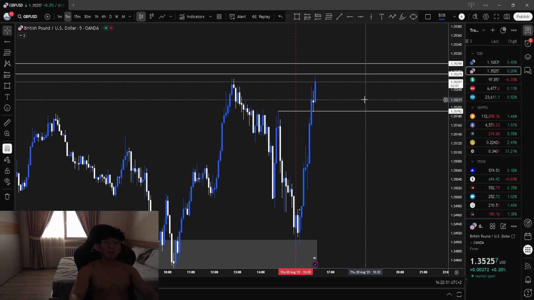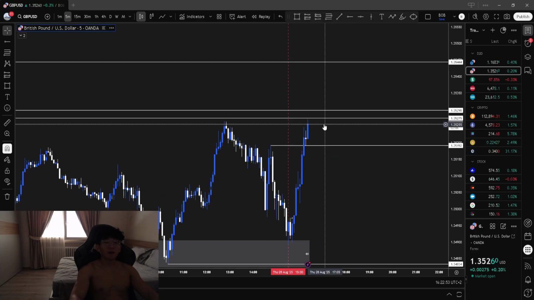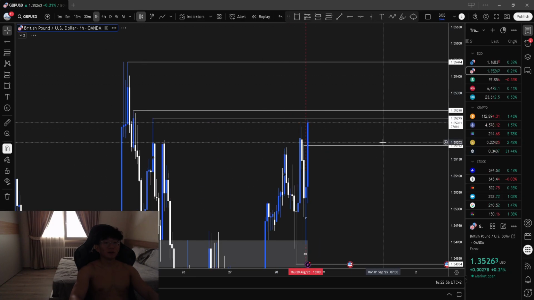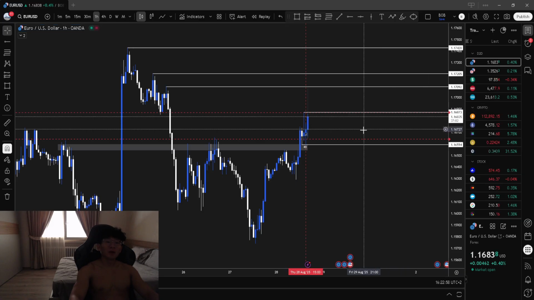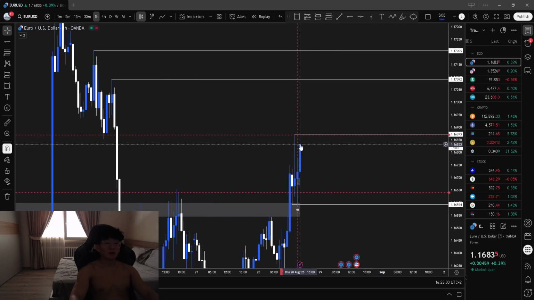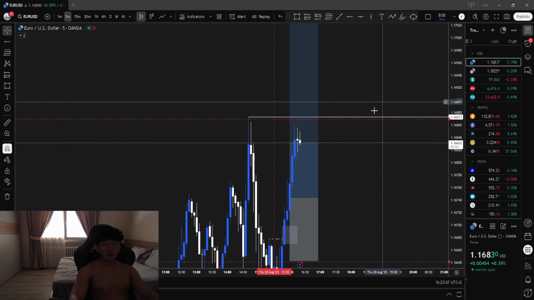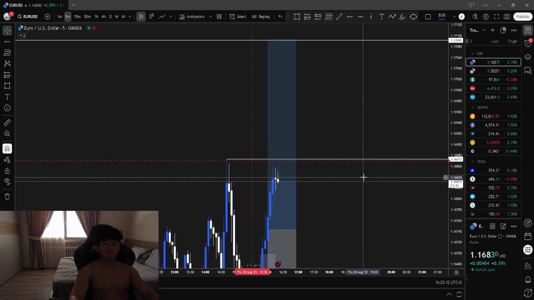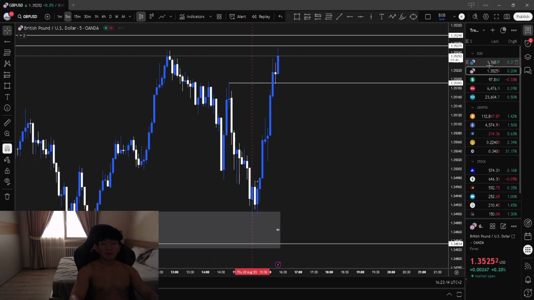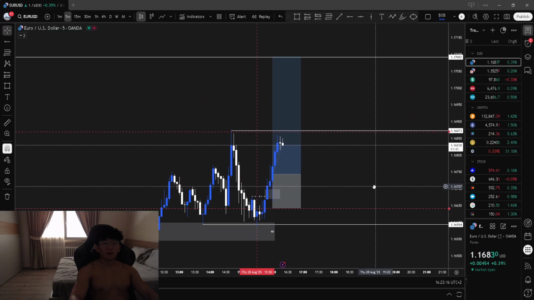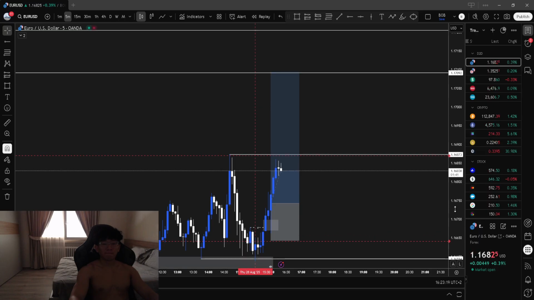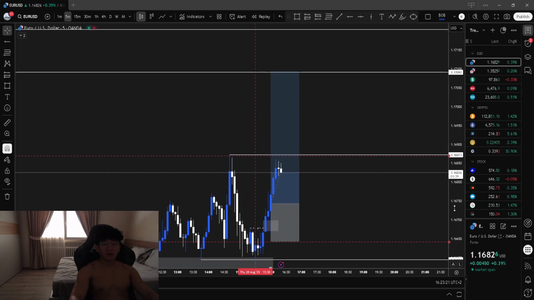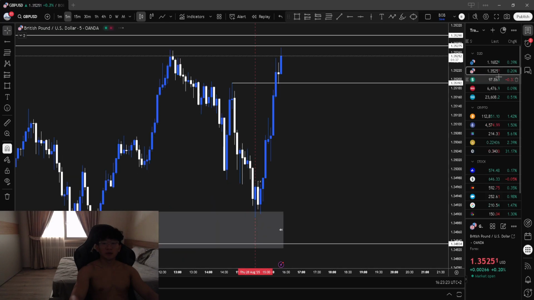I can see the GBP USD is getting to its second TP. Meanwhile, Euro USD is stuck here on this zone of resistance. Volume seems to be starting to slow down, and the only thing I want to do right now is to close this trade.